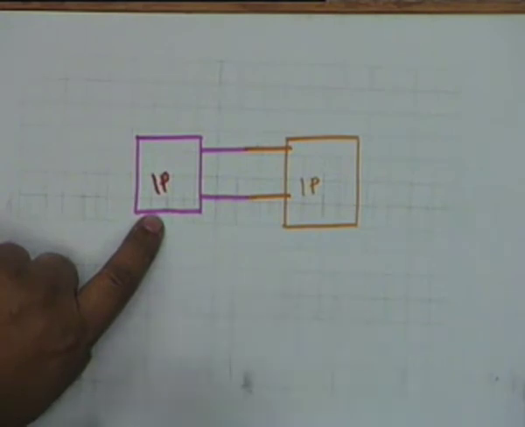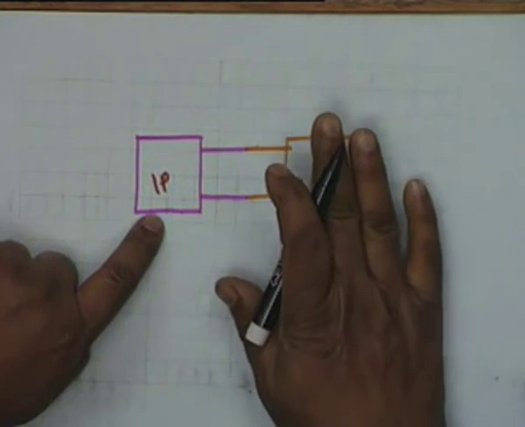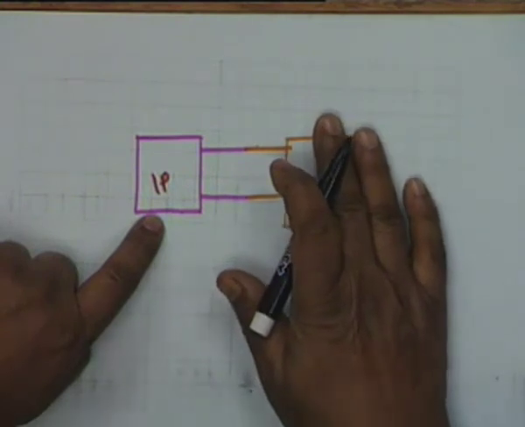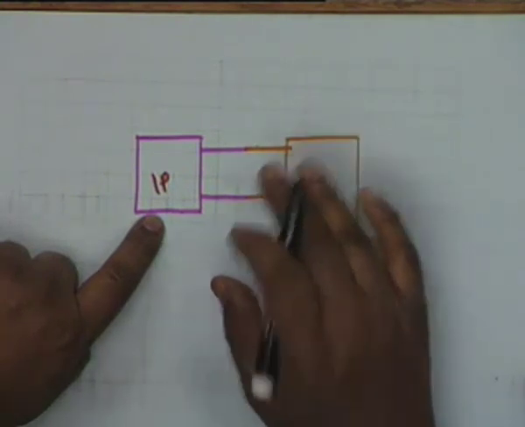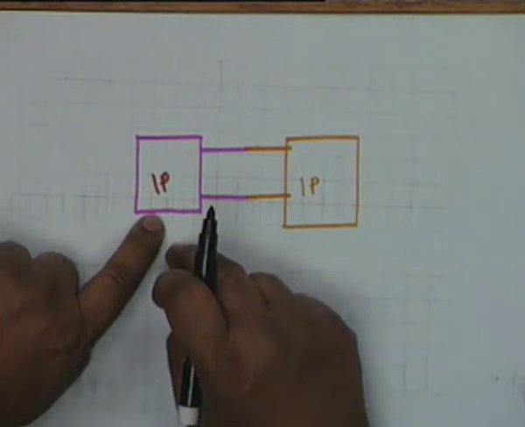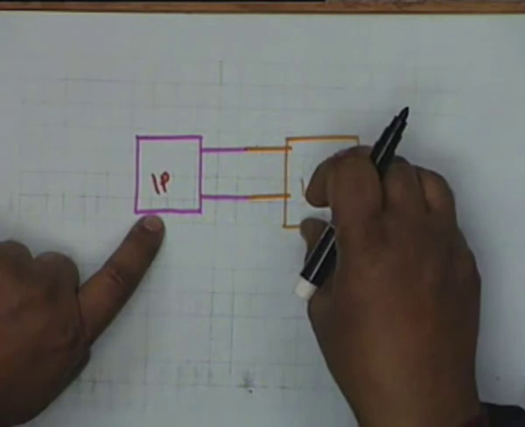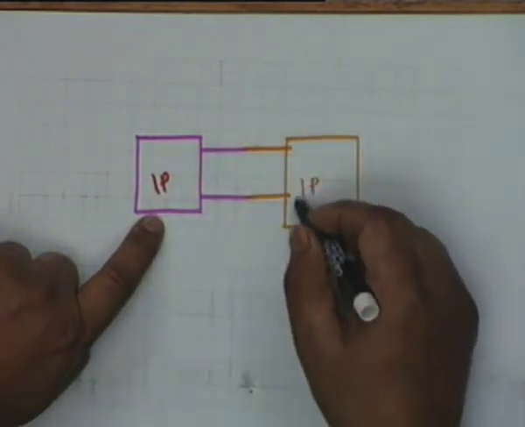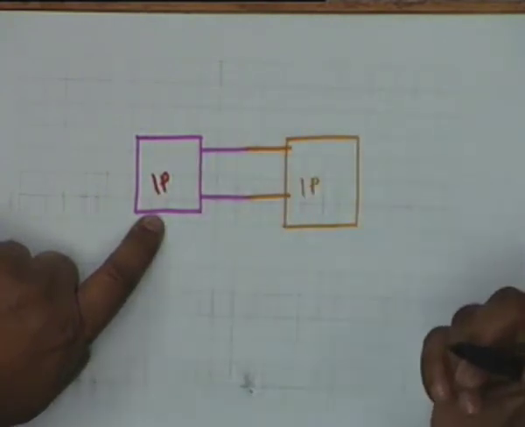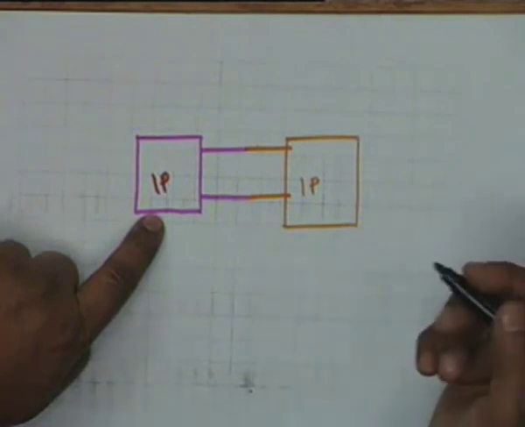Alright. In such situations, one of them is considered as a load and the other is considered as the driver. There is nothing sacred. You could consider this as the driver, this as the source, provided this contains an active element, a battery or a current generator or a combination.